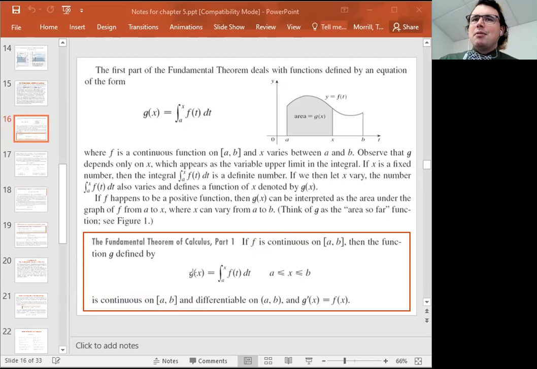But also, this area function is itself differentiable, and the derivative of the area function is my integrand, my f of t. So g prime of x will be f evaluated at x.